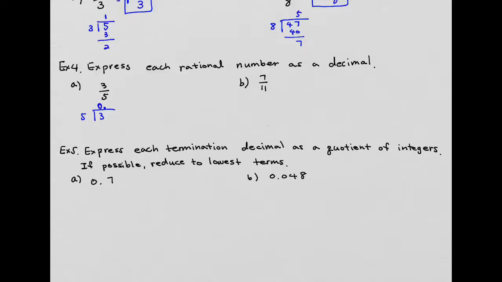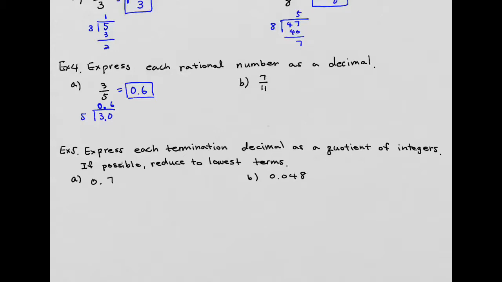And you need to use the decimal place in order to bring down the next digit, right? So 30. 5 goes into 30 6 times. So it will be 0.6. 3 over 5 is 0.6. Of course, you can use your calculator also.